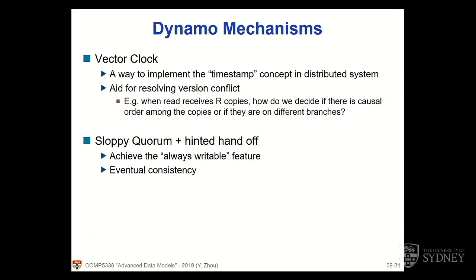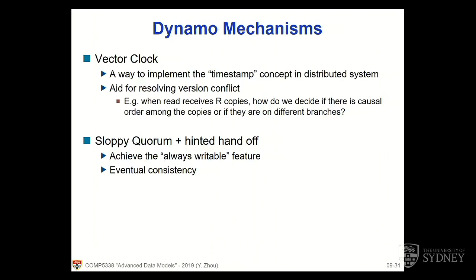But there's a possibility that more than half of the servers that actually have a copy are down at the same time. And then in the classical way, your write can't be successful because you need more than half of them. But Dynamo wants to have this always-writable feature.